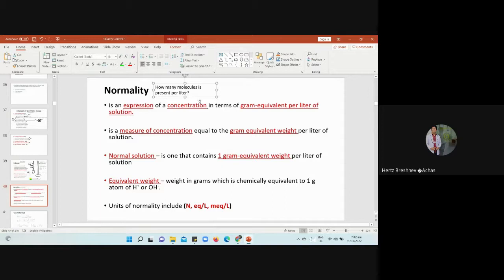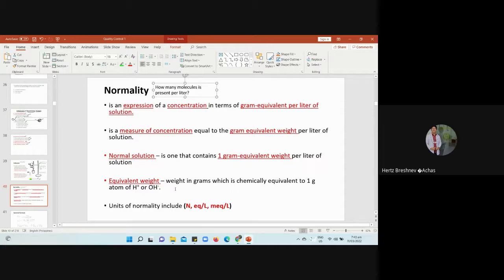But what is important to consider is that in every portion of liquid, whether it's 1 ml, 2 ml, 3 ml, 5 ml until 1,000 ml, you know the portion of molecules present in that volume. And that is normality: in a specific volume, how many molecules are present.